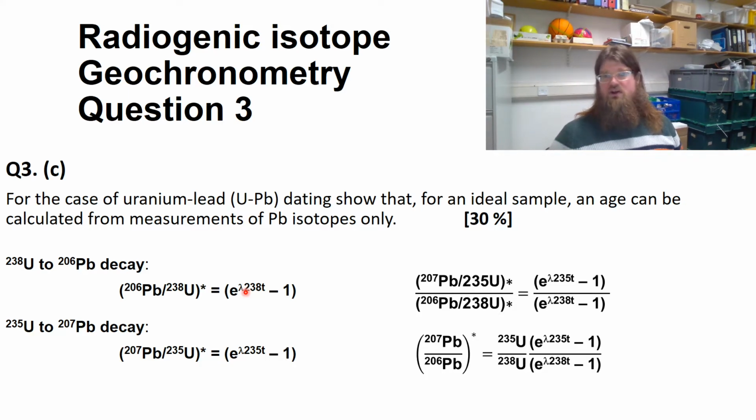We can divide one equation by the other, which ultimately gives us a lead isotope ratio that changes through time, and that is dependent on the uranium isotope ratio and this equation with time in it. Now, we don't need to measure the uranium isotope ratio because that's the same everywhere.